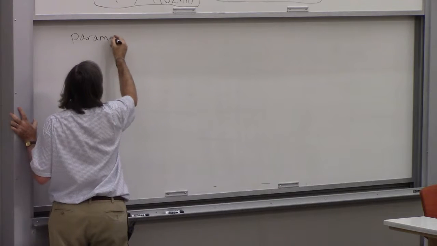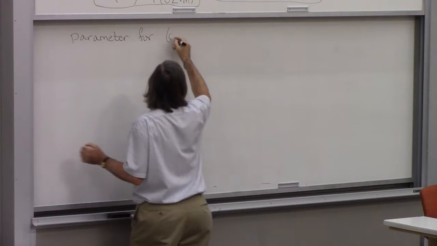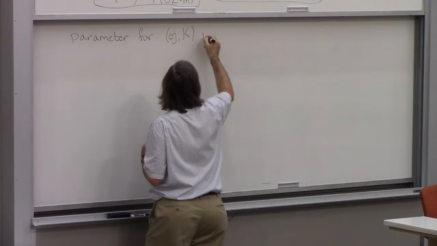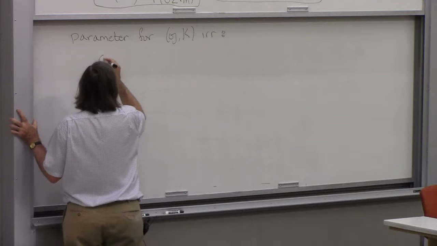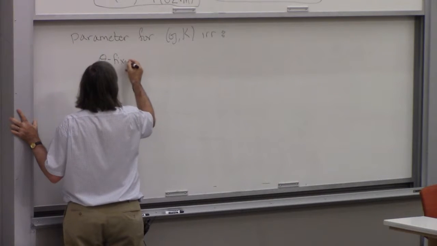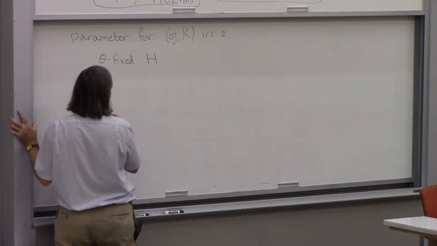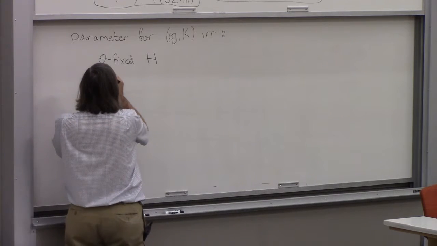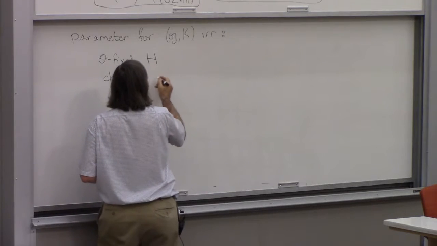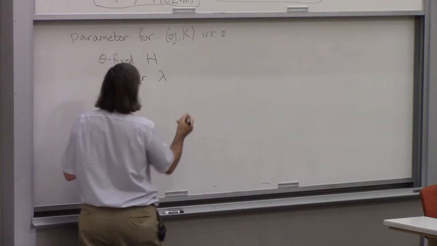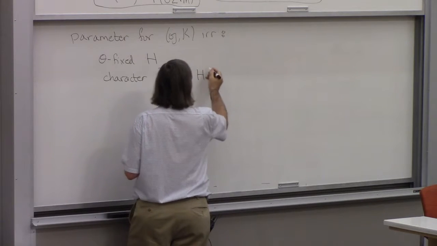we've talked a great deal about a parameter for a GK irreducible, and that's, you have a theta fixed Cartan H, you have a character, I'll just write it lambda, well, I'll keep the bar.